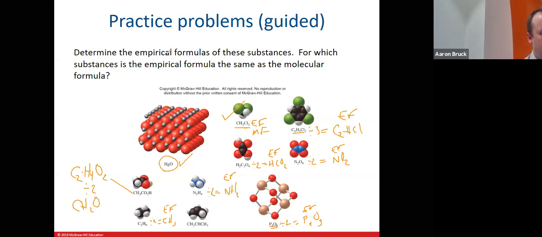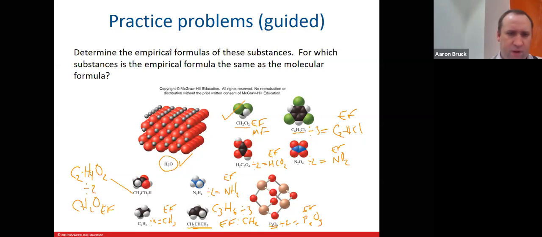CH2O is my empirical formula. This one on the bottom, CH2CHCH3, I can see that I have 3 carbons and 6 hydrogens. Each of those numbers is divisible by 3. My empirical formula is actually CH2.